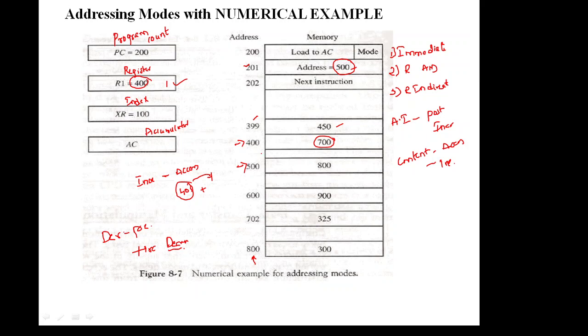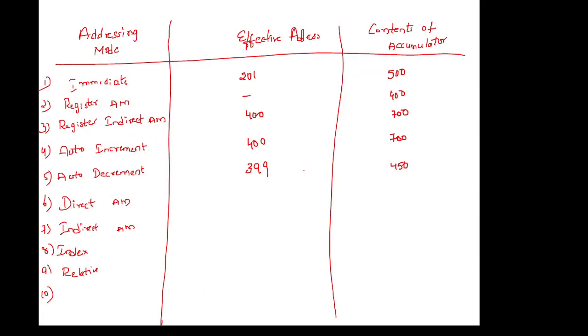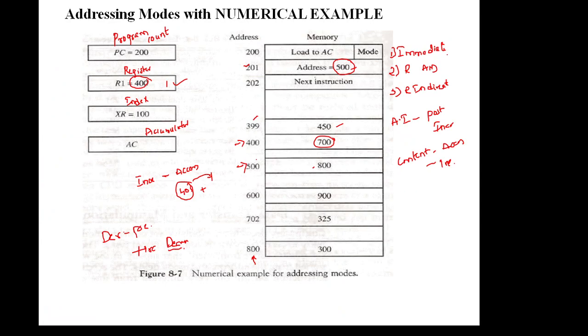Fine. Here the effective address is 500 and the contents of the accumulator is 800. Got it? So direct addressing, in the sense, the instruction contains the address. This is the effective address. If you go to that effective address, we will get the data.